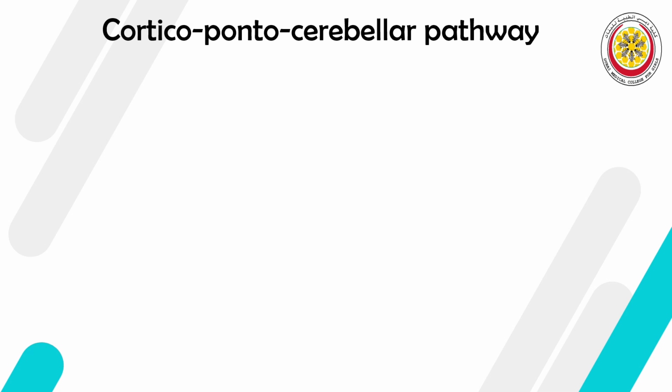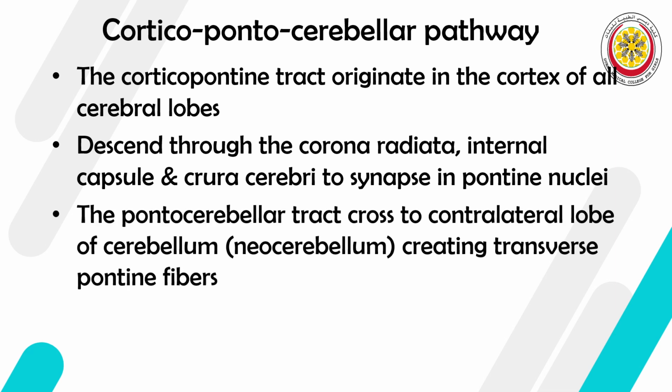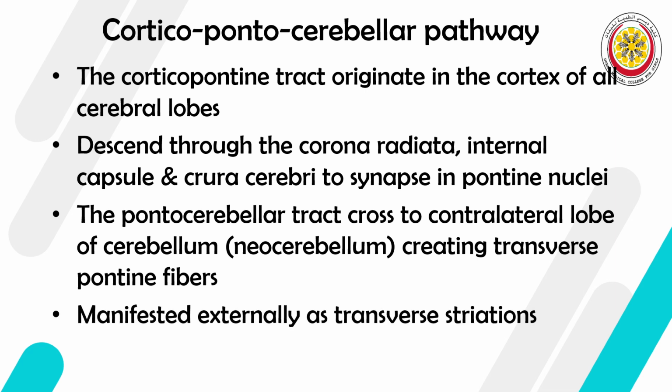The cerebellum, how does it know that I am trying to move this part or this part? Through this corticopontocerebellar pathway. And then it plays its part in balance and equilibrium and in coordination. The muscle tone is taking place all the time, but it needs this corticopontocerebellar pathway originating in the cortex of all lobes, descends through the corona radiata, of course internal capsule, and then crus cerebri, synapses in the pontine nuclei.